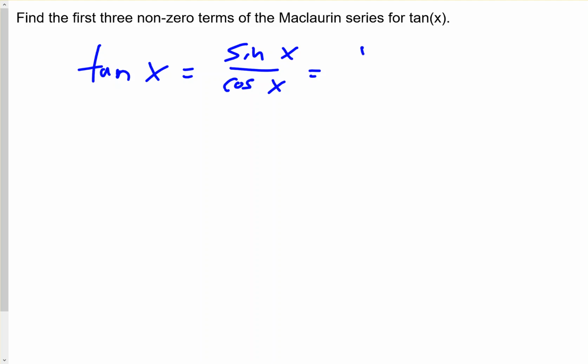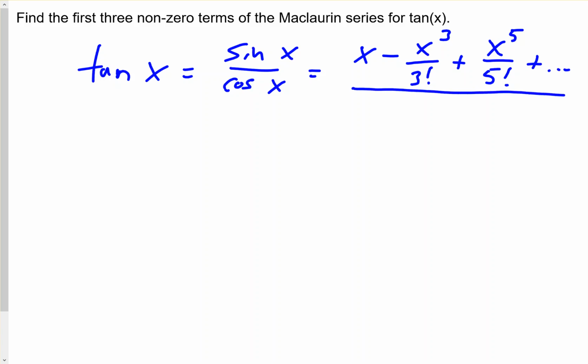So for sine x we have x minus x cubed over 3 factorial plus x to the 5th over 5 factorial, so on and so forth. For cosine we have 1 minus x squared over 2 factorial plus x to the 4th over 4 factorial, and this will continue like this. So we could actually do a long division between the Taylor series for sine x and cosine x, and we could come up with the first 3 non-zero terms for tan x this way.